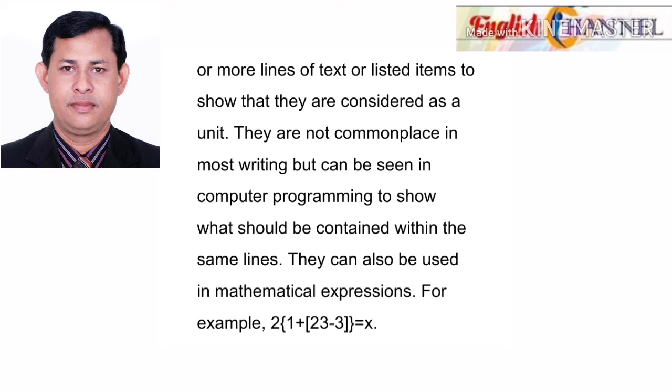They are not commonplace in most writing but can be seen in computer programming to show what should be contained within the same lines. They can also be used in mathematical expressions.